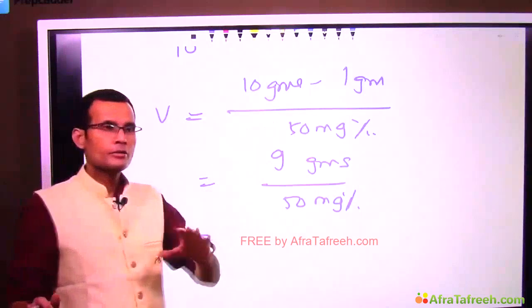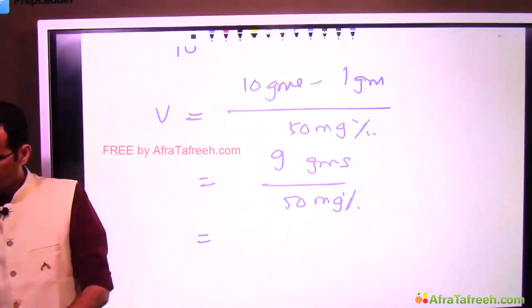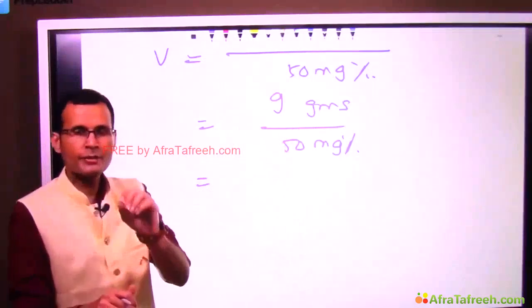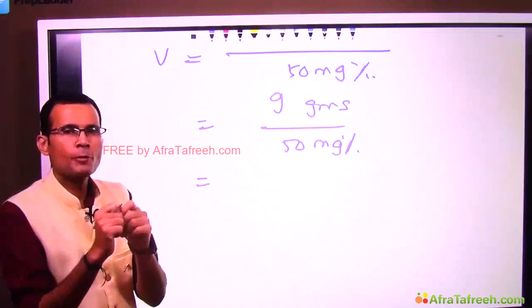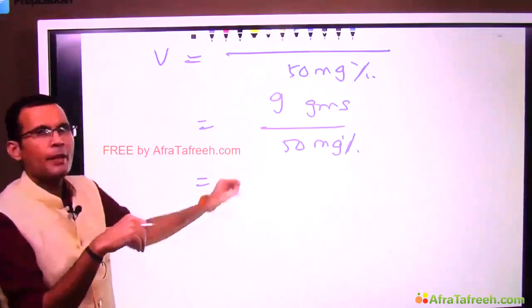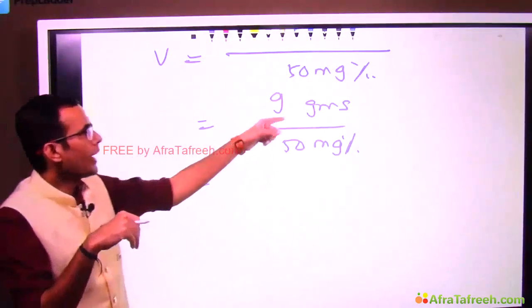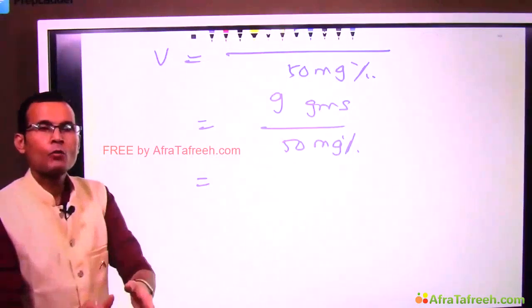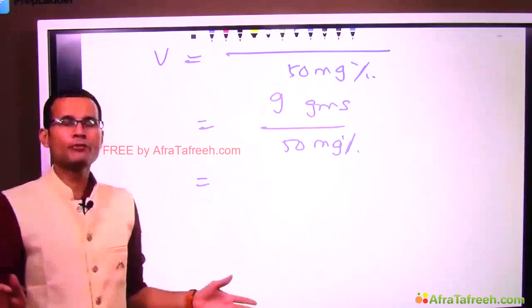And let's just complete it, 9 grams. Let me make a small point which we often tend to forget. The units are not matching here. Look, the 9 grams or the 10 grams which was injected was into the liters of the body fluid.